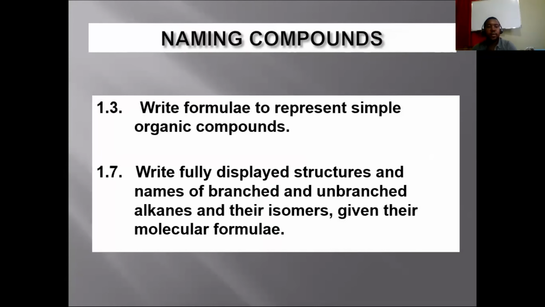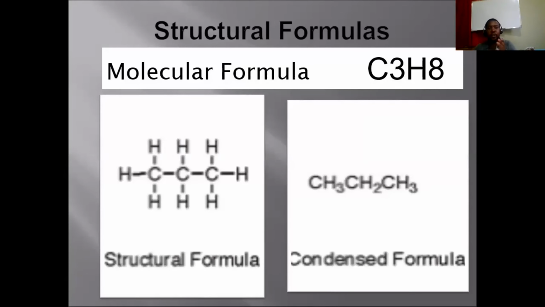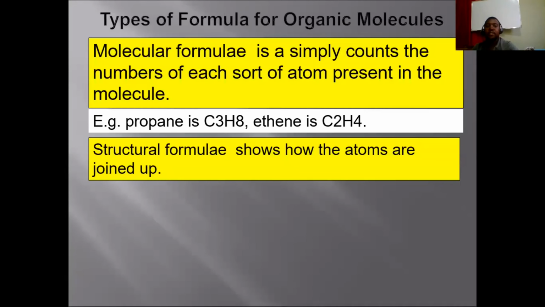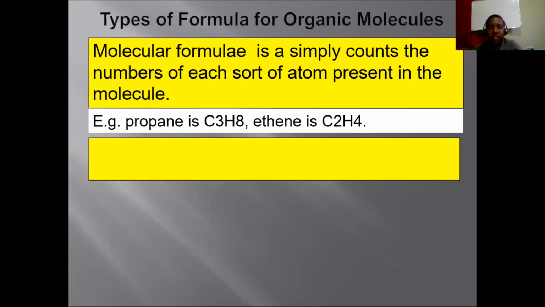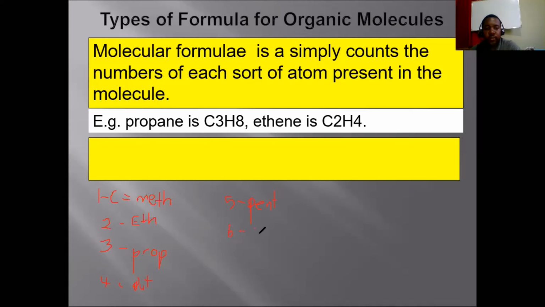All right, so let's look now at naming our compounds. In naming our compounds, we have different prefixes based on the number of carbons present in our compounds. Let's just run through to see if we remember. When it's 1 carbon, the prefix is meth, great. When it's 2, it's eth. When it's 3, it is prop. When it's 4, it is... When it's 5, it is pent. When it's 6, it's hex. When it's 7, it is... What's there for 7?